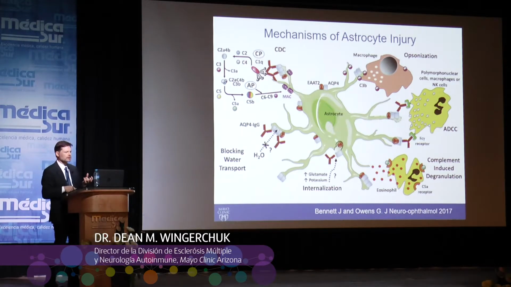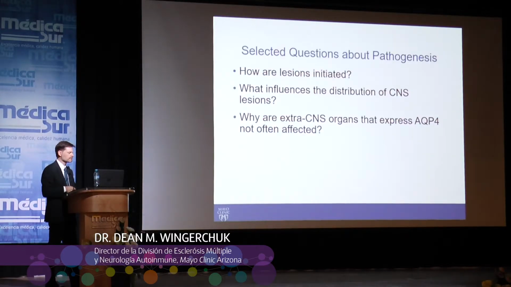Complement is one of the drivers of the inflammatory process in this disease. There's also cell-dependent cytotoxicity, opsonization, other mechanisms, but at the very center of this is the astrocyte. Demyelination does occur, but it seems to be a secondary process, a bystander process, not the primary process.